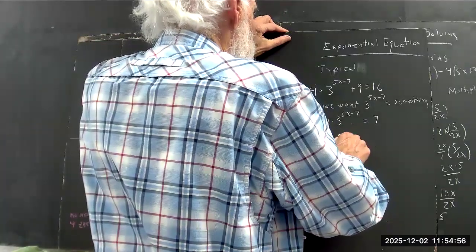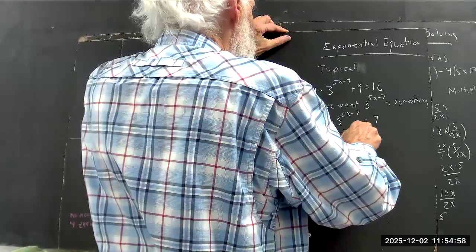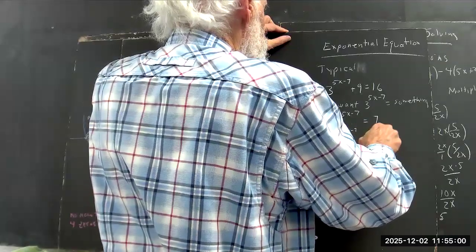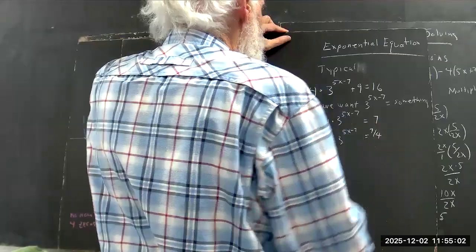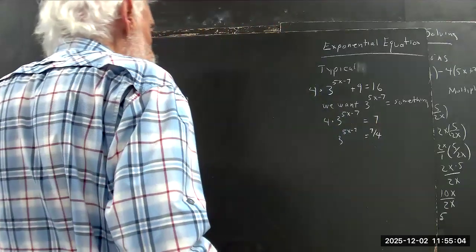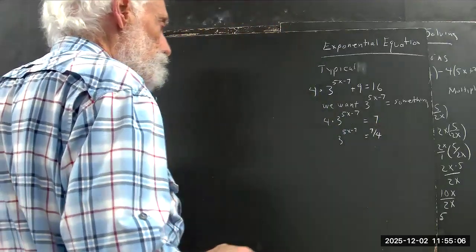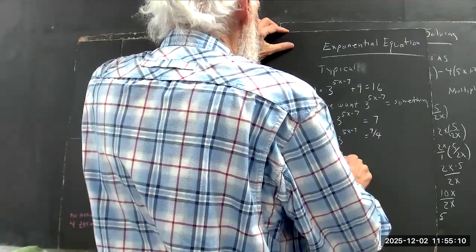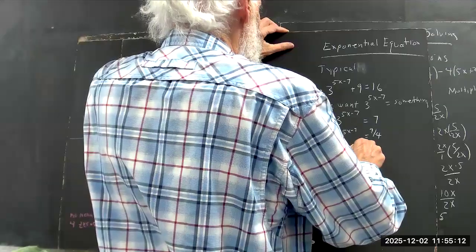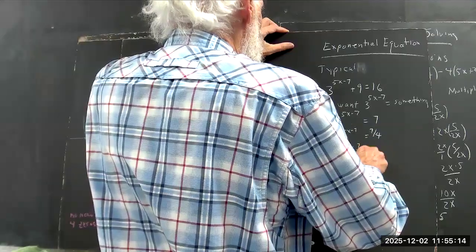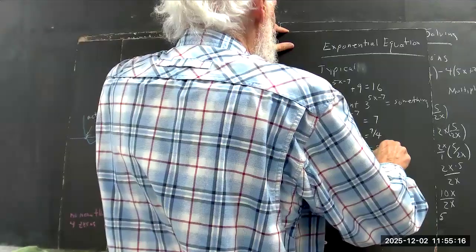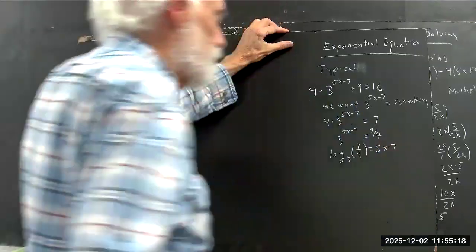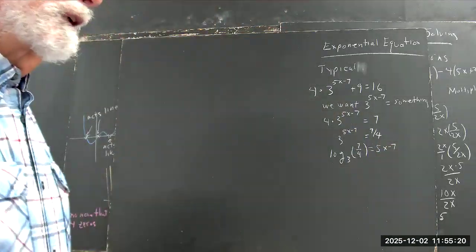And then we divide both sides by 4. 3 to the 5x minus 7 equals 7/4. Okay, then this translates into log base 3 of 7/4 equals 5x minus 7.